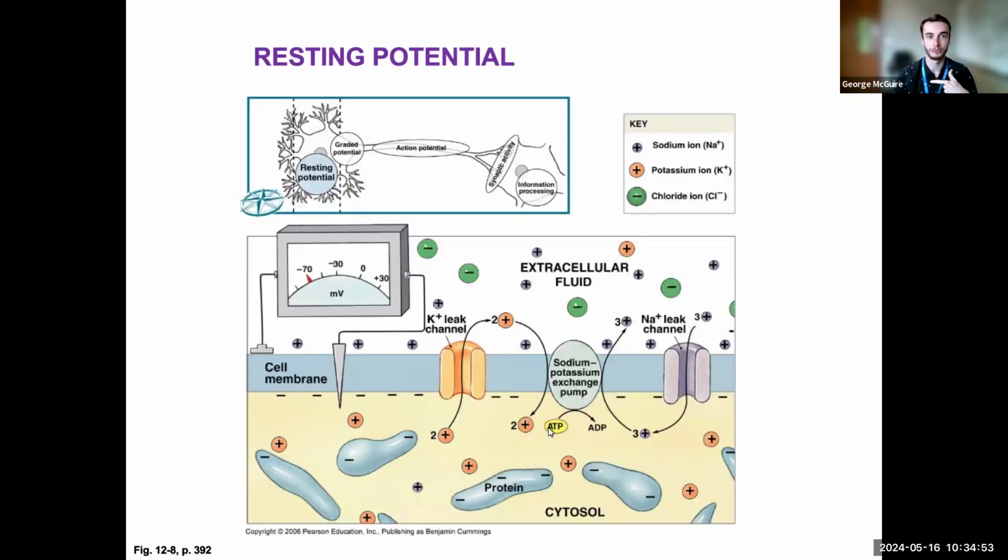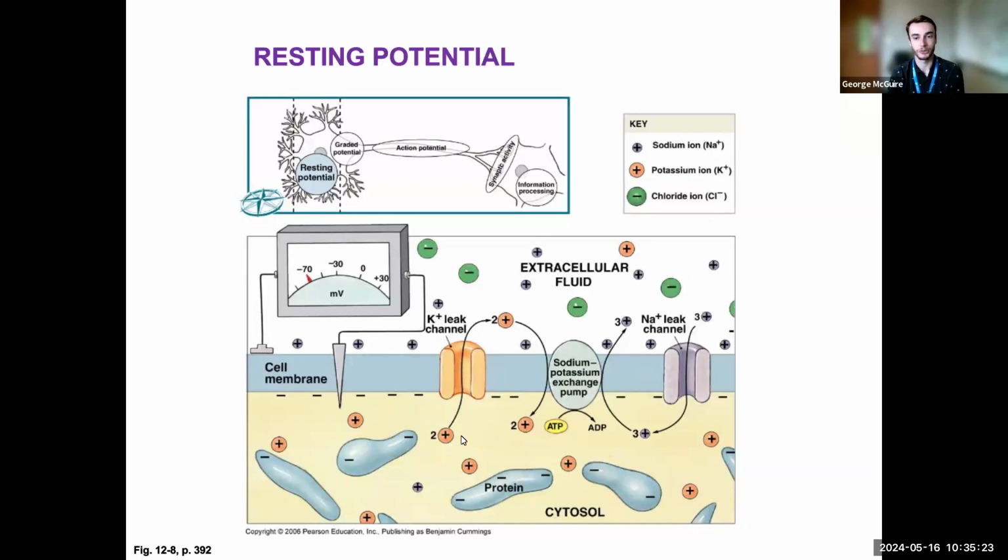We have phosphate groups and then various proteins that are contributing to our internal charge here. Outside of the cell in the extracellular fluid, we have much higher concentrations of these positively charged ions compared to inside. So we have high concentrations of sodium, high concentrations of calcium, it's not included on this list here, but then high concentrations of our anion chloride.